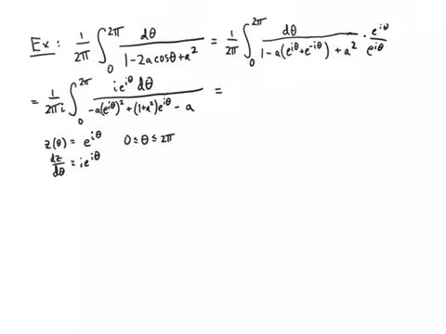So we have our dz d theta, that's our i e to the i theta, and our substitution z of theta, that's these guys here.